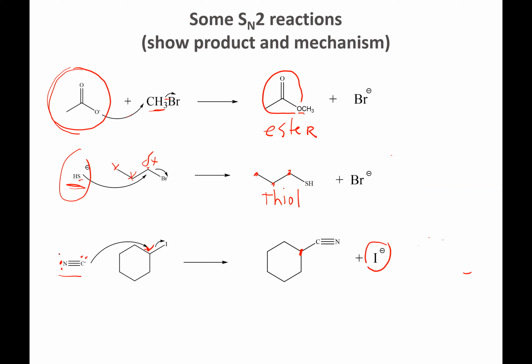So you'll generally almost always get the bonding to the carbon and not the nitrogen. Okay. So these are all SN2 reactions. This is called a nitrile. And using cyanide as a nucleophile is a way of synthesizing nitriles.